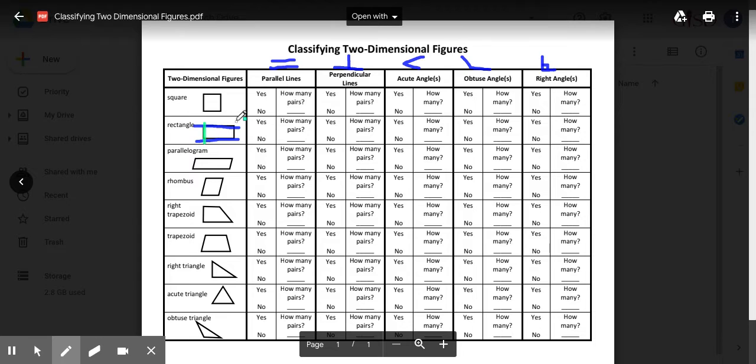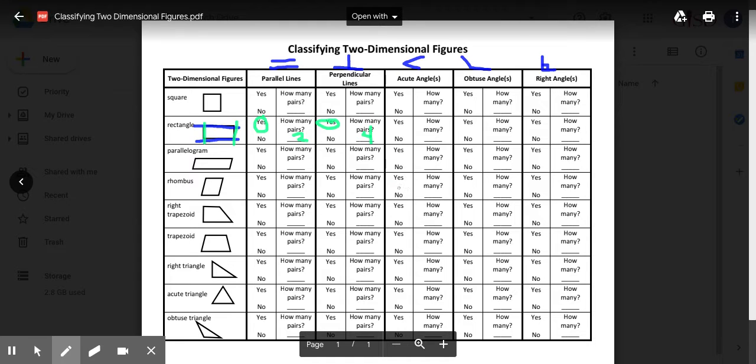So the answer is yes, you do have parallel sides, and you have two pair. Same thing with the perpendicular sides, just like a square. A rectangle has four right angles, so you know that it does have perpendicular sides, and it has four pairs of perpendicular sides.